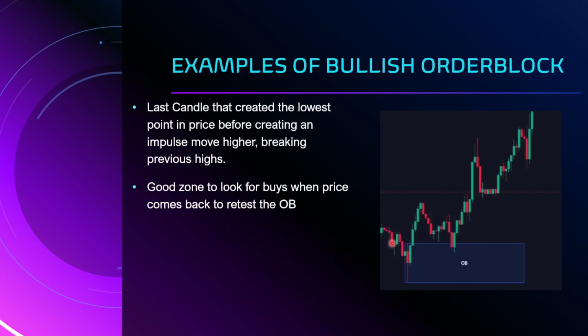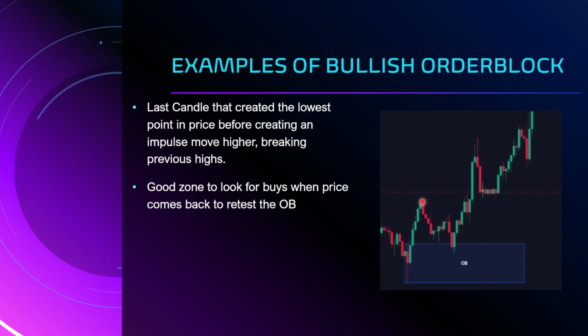So we find in a bullish order block, it is the last candle that created the lowest point in price before creating an impulse move higher. And while doing that, it's breaking a previous high, which is that level there. So here we can see that price made the move down. It created a lowest point and a manipulation in price before it broke through and took out that high.